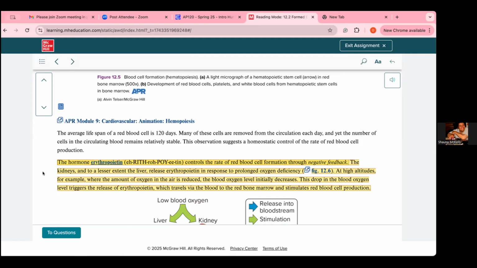At high altitudes, for example, where the amount of oxygen in the air is reduced, the blood oxygen level initially decreases. This drop in the blood oxygen level triggers the release of erythropoietin, which travels via the blood to the bone marrow and stimulates red blood cell production. So, negative feedback. Negative feedback. So the answer is negative.